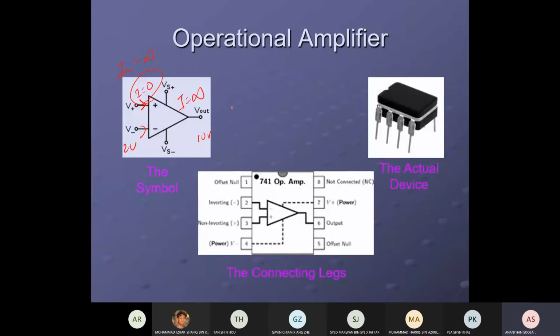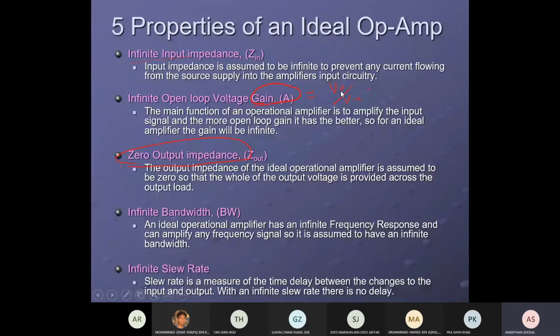What is the gain? The gain is 5, because 10 divided by 2. Output over input is your gain, how many times it was amplified. So gain means V out over V in. An ideal op amp has an infinite gain.